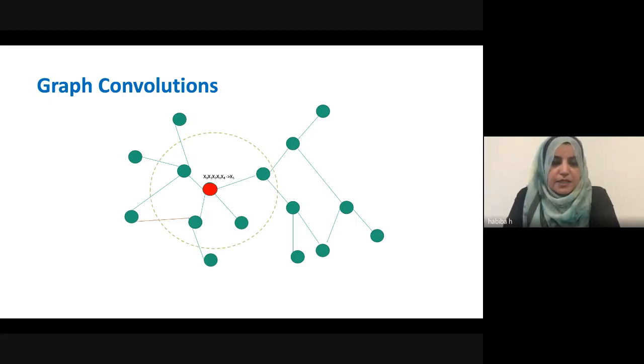Now, in graph convolutions, we don't limit ourselves to just the features of the entity we are interested in, but we also look at its neighborhood. The green dotted circle indicates the first-hop neighbors of the red node, and they also have the same features as the red node.